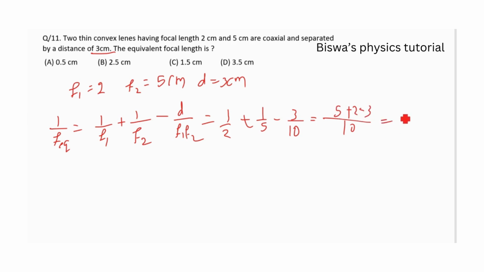So it's 4 by 10, which is 2 by 5. So F equivalent is 5 by 2, which is, sorry, 2.5 centimeter, which is our option B.